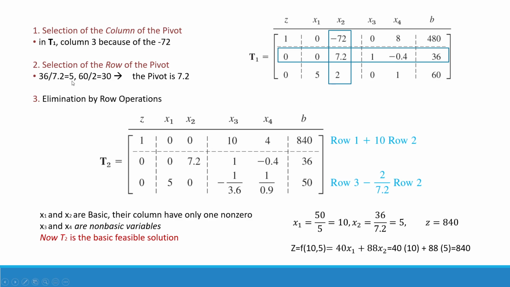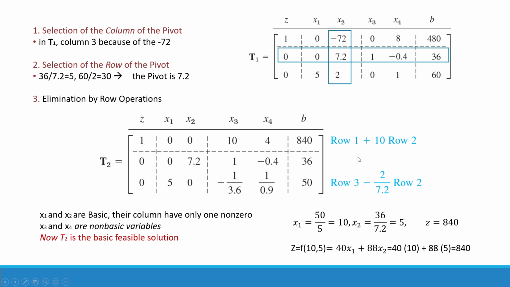The results that we get are 5 and 30. It means this row is the row that has the less positive number, and we now choose it as our pivot equation.